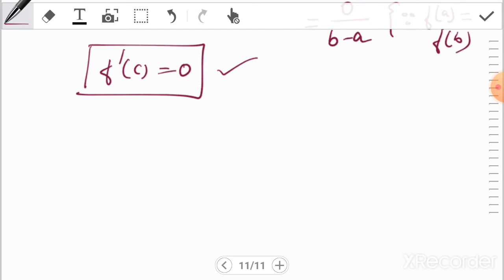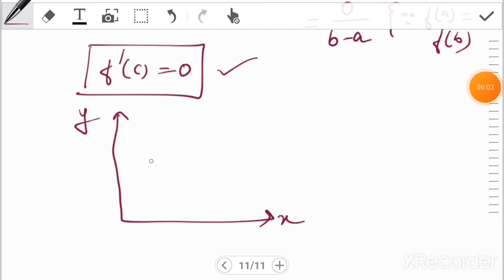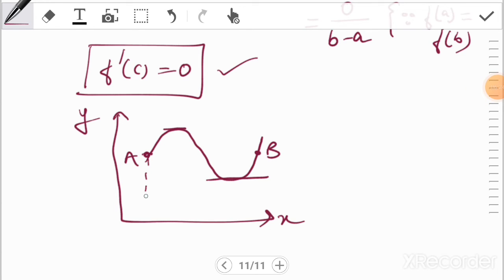So let us see one more figure. There may exist more than one real number c in (a, b) such that f'(c) is 0. See here, there are 2 points.